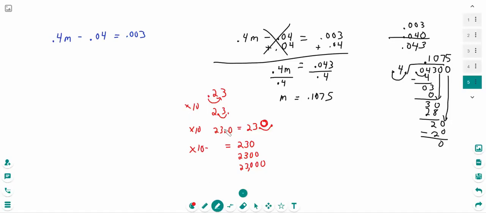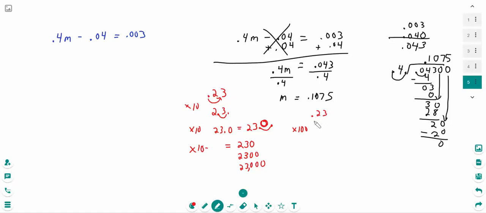In fact, that's what happens when we multiply things by 10 or 100 or 1,000 or 10,000. The difference is just the number of positions we move the decimal. So if I take that 0.23 and multiply it by 100, what happens now? Now, instead of the decimal only moving one position to the right, it's going to move two positions, right?